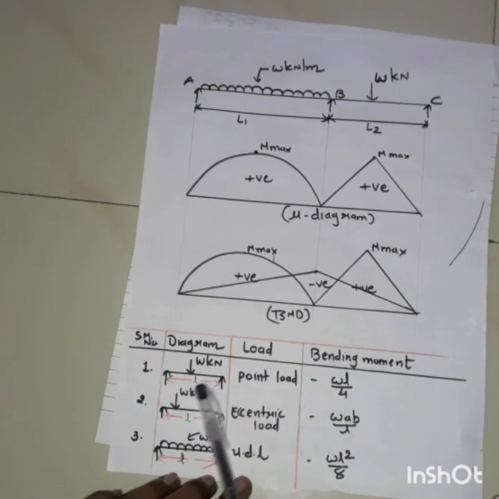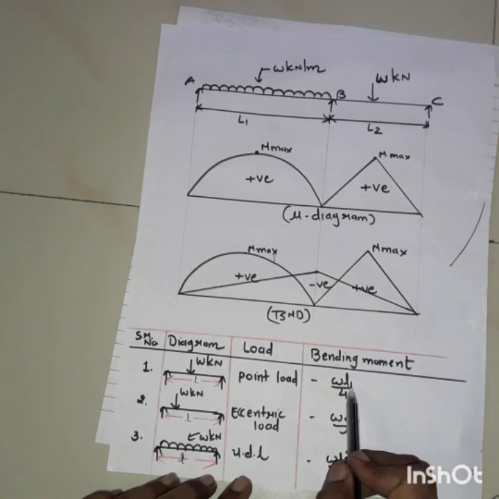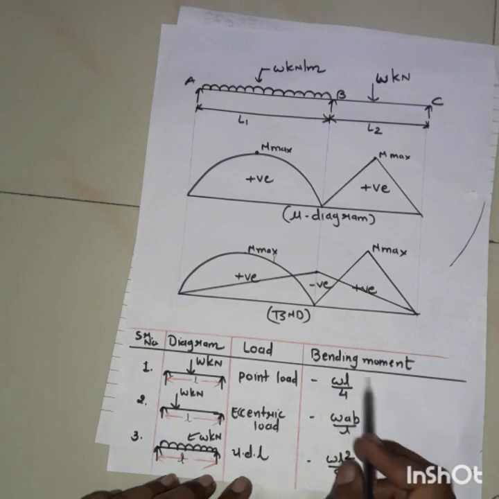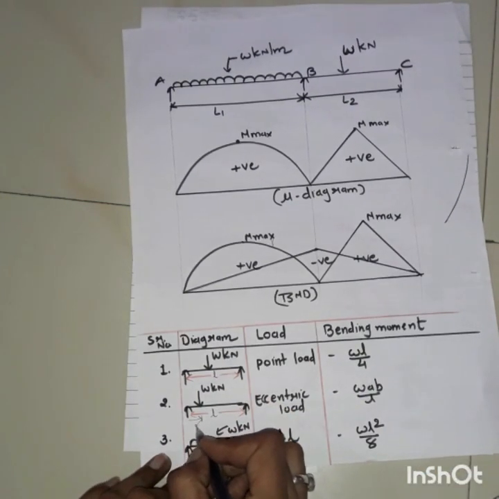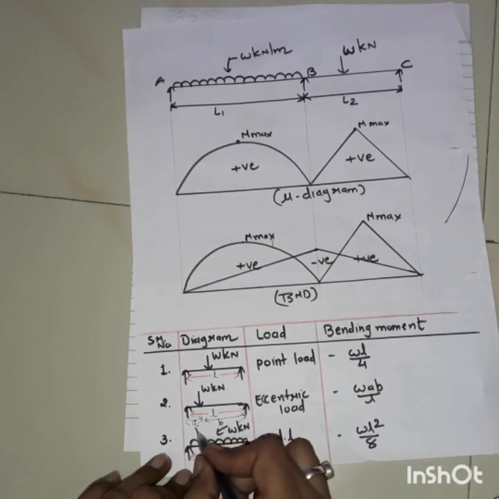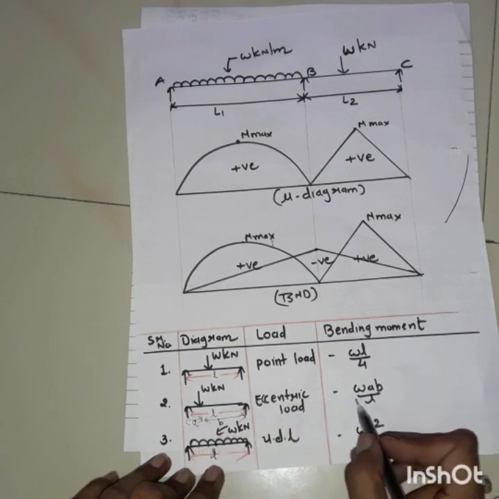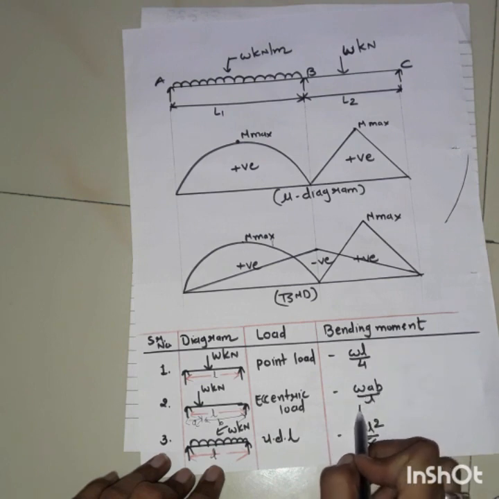The point load gives bending moment WL by 4, where W is the load value and L is the span of the beam. The eccentric load gives the bending moment W into A into B divided by L, where A is this length and B is the remaining length of the beam.